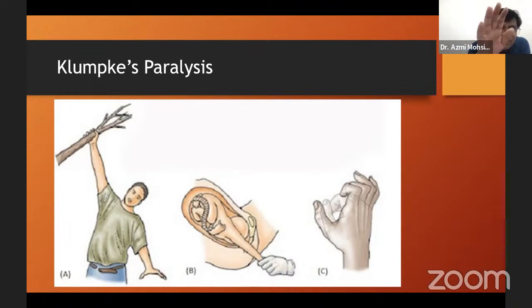The remaining 10 muscles were innervated by the ulnar nerve. So if Klumpke's happens, all the 12 muscles will be paralyzed, and what will happen? The reverse of this Babaji ka Thullu. Focus on it: it's flexion at MP and extension at IP. But if it's paralyzed, the reverse will happen. There will be extension at the MP joints and flexion at the IP joints.